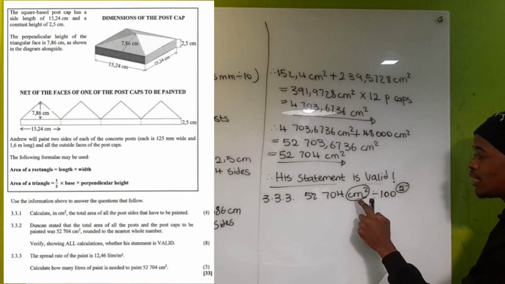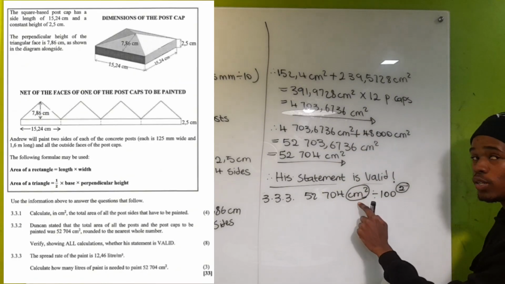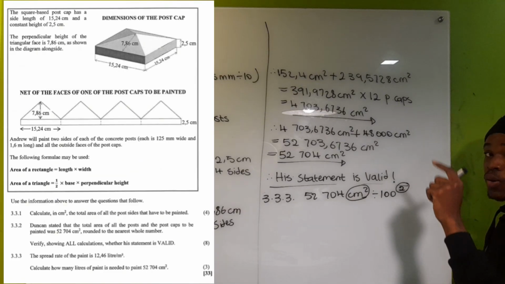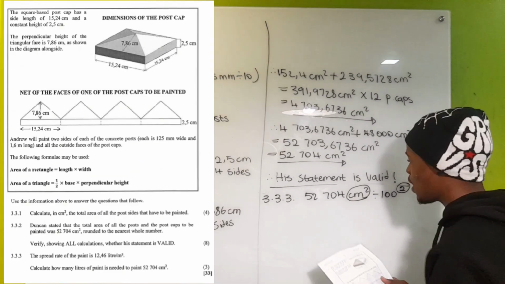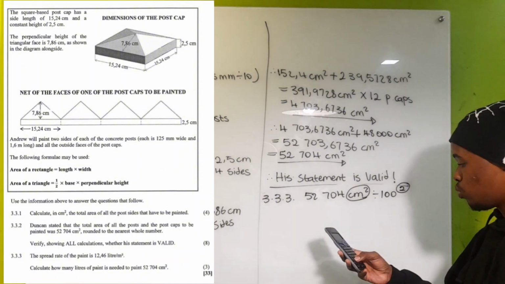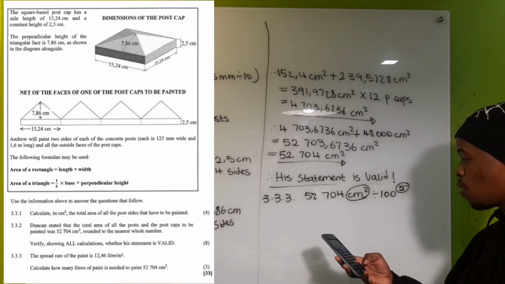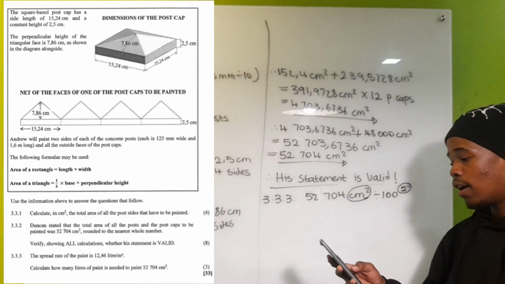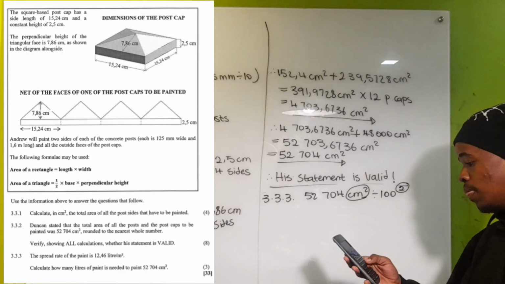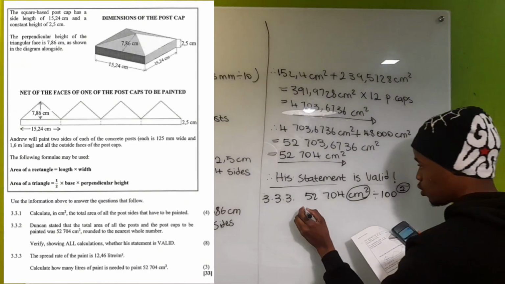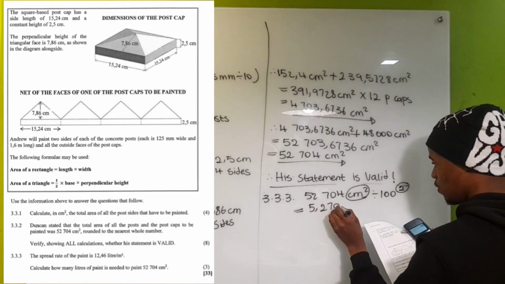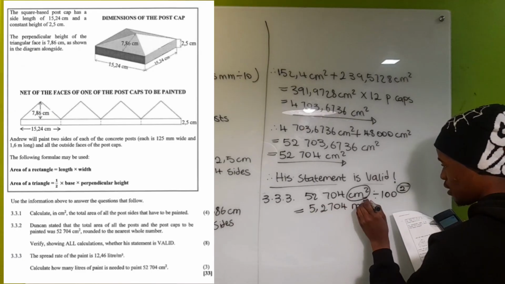So now we're converting centimeters squared to meters squared. This is why we included the squared on our 100. Okay, so we're going to click that on the calculator and say 52,704 divided by 100 squared, and that gives us a total of 5.2704 meters squared.